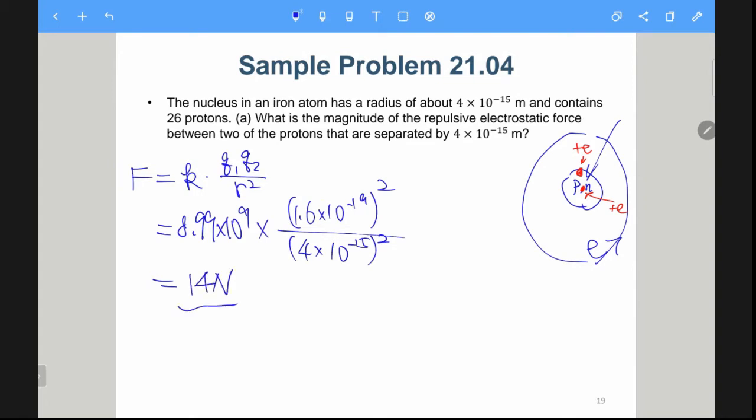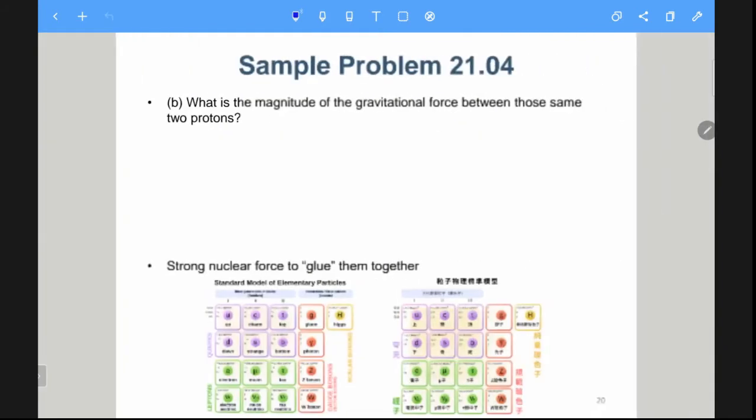So this question is pretty easy, but the point here is not to show you about Coulomb's law. It shows you some hardcore physics later on using this simple question. So this follow-up question is, what is the magnitude of the gravitational force between those same two protons?